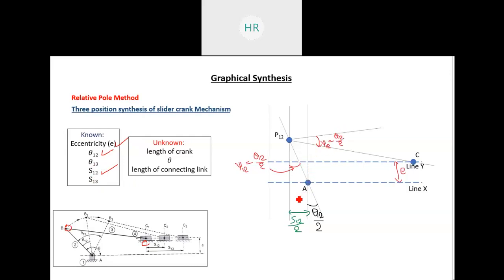So now draw a line at a distance s13 by 2. Here s13 must be this complete length.